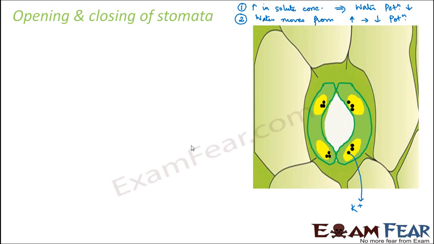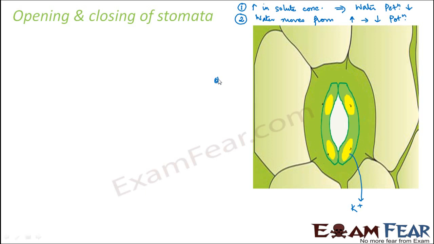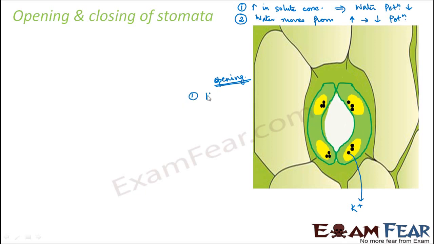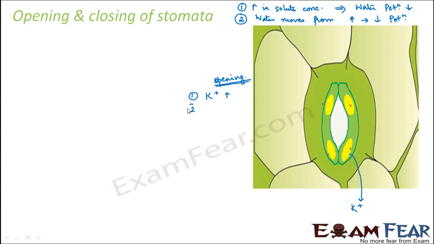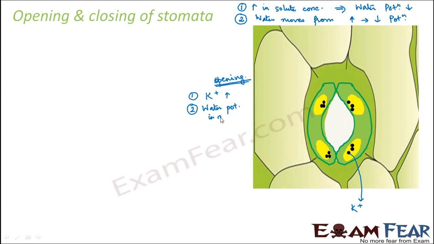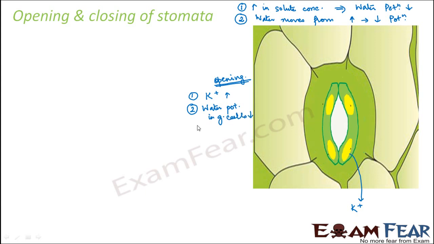Now since this is a very important concept, we will write it once again. First we will talk about the opening of the pore. In the opening of the pore, the first thing that happens is potassium ion concentration increases. As a result of this, water potential in guard cells decreases.